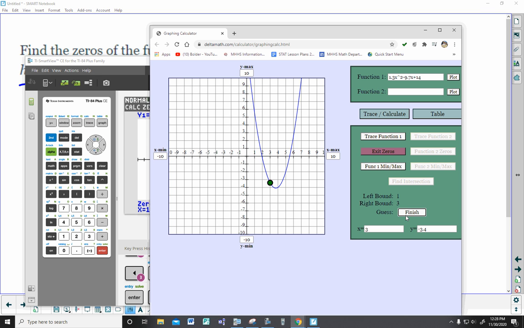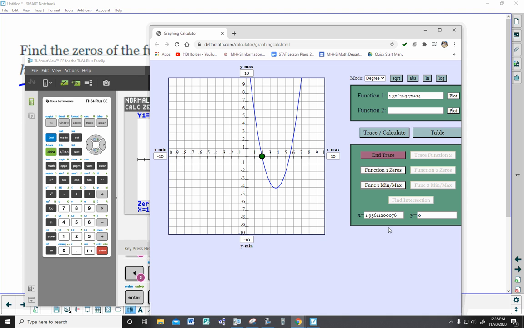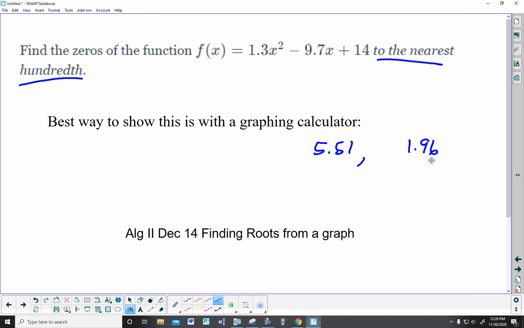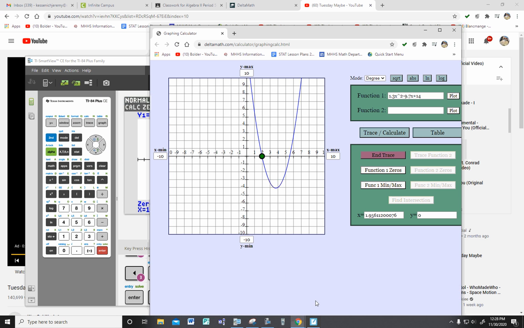Okay. Again, it's a guess. Well, whatever. I can't change it. So finish, and it calculates, so 1.96. Okay, which is what we had, 1.96 using the other one. Okay.